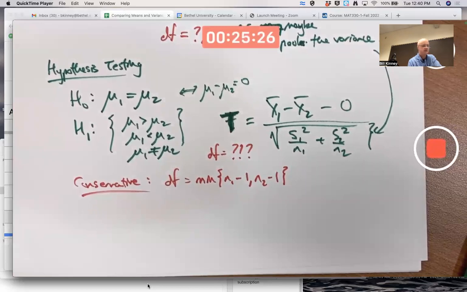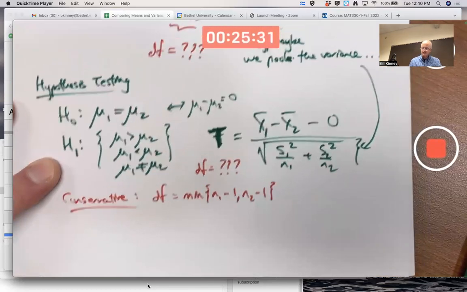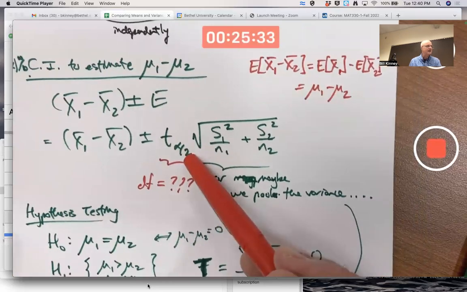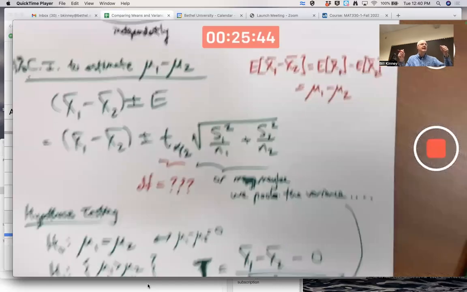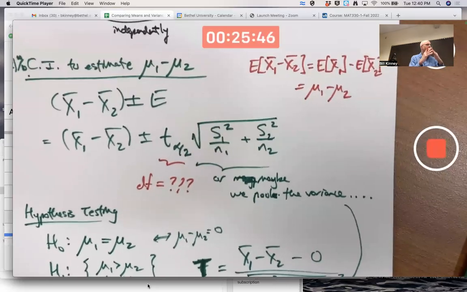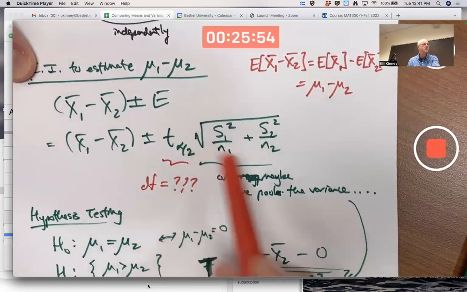And if it's a smaller degrees of freedom, that's going to make this critical value bigger, because the t distribution will have a bigger standard deviation when the DF is smaller. It's when the degrees of freedom goes to infinity that the t distribution looks more and more like a standard normal distribution. So it tends to make this bigger, giving you a bigger margin of error.